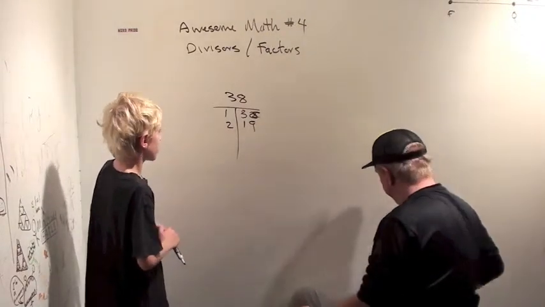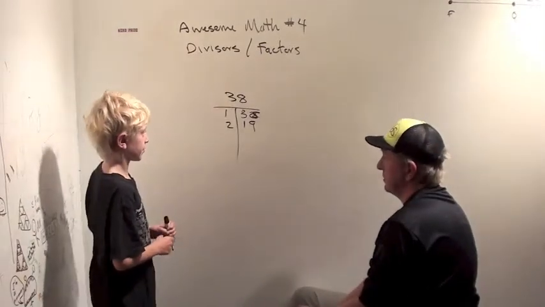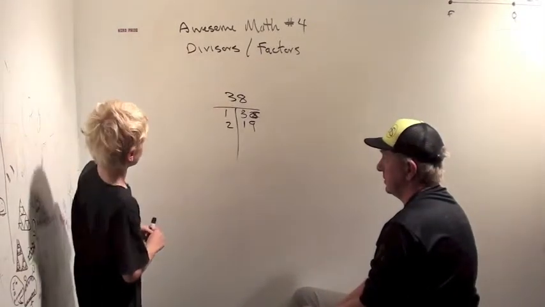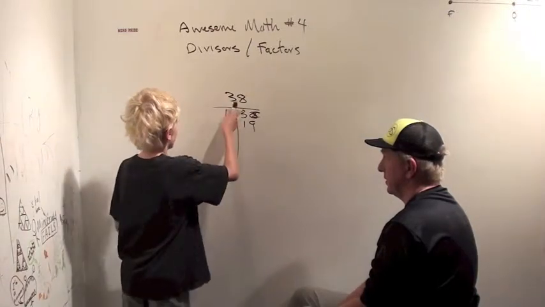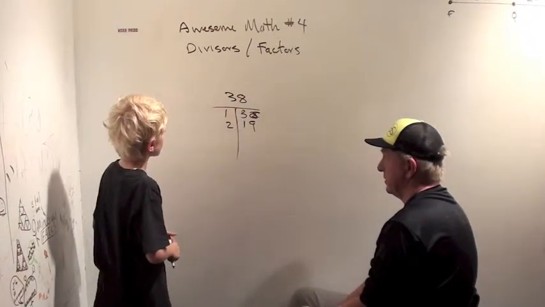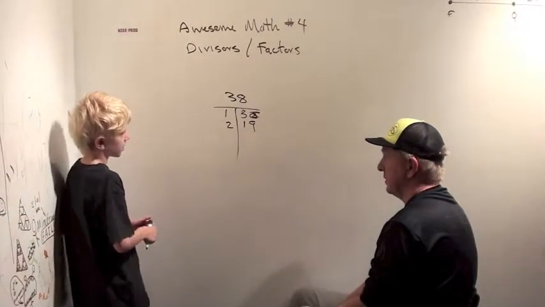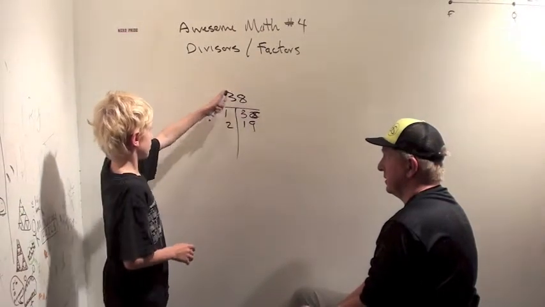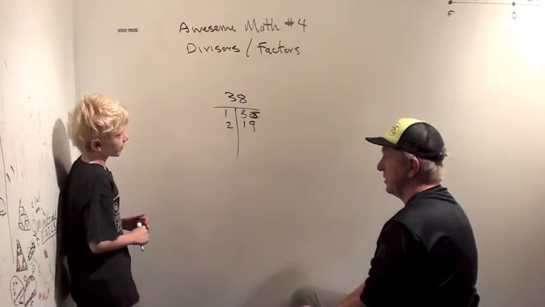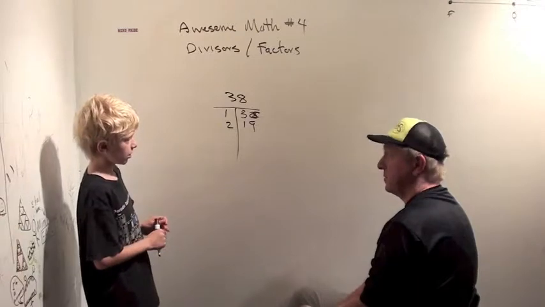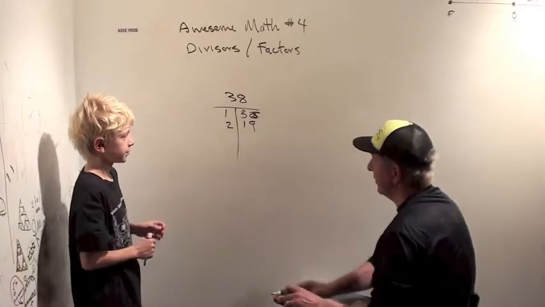Well, no, because 6 times 5 is 30. And 7, because 7 times 5 is 35. 8 times 5 is 40, you go down to 32. I don't think there are any more. That's it. So that was an interesting one. It only had 4 divisors.